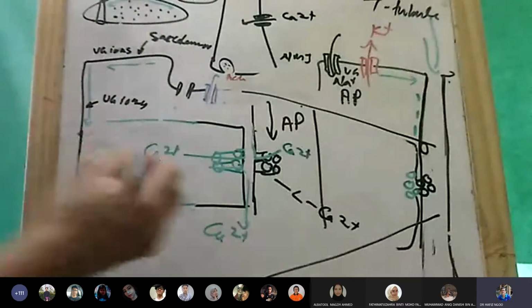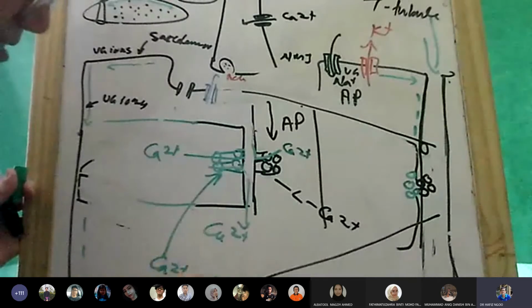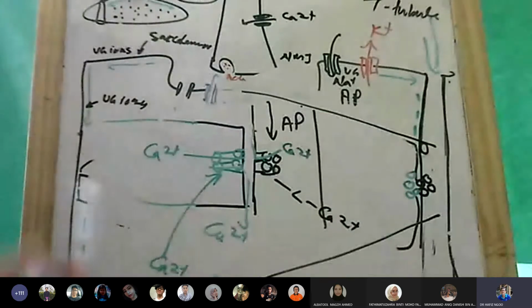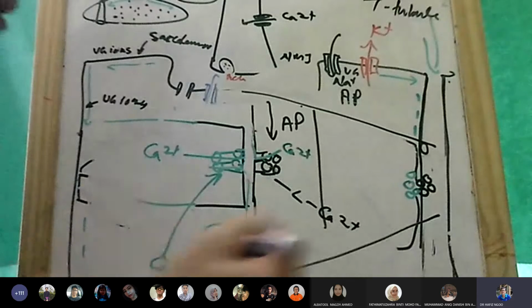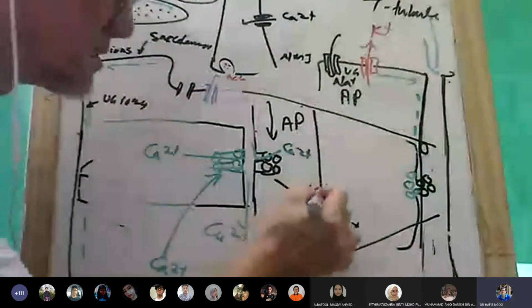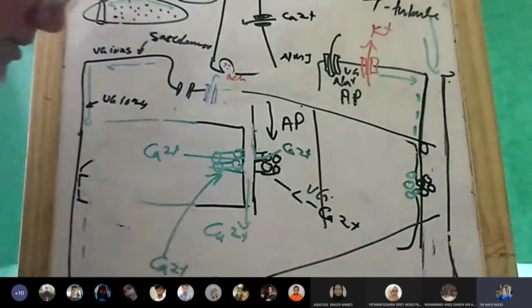So this is the calcium releasing channel. Compared to here, this is the L-type voltage-gated channel for calcium. This is the releasing channel.